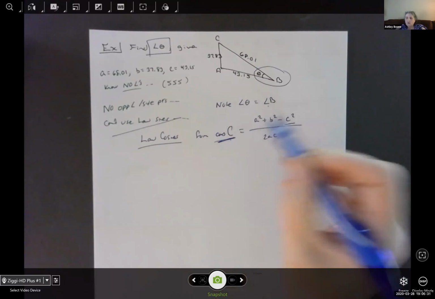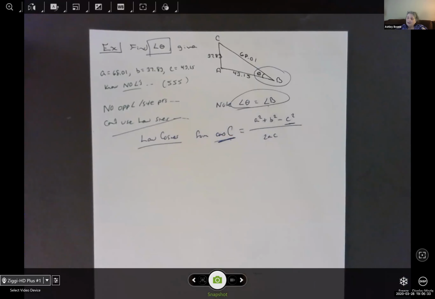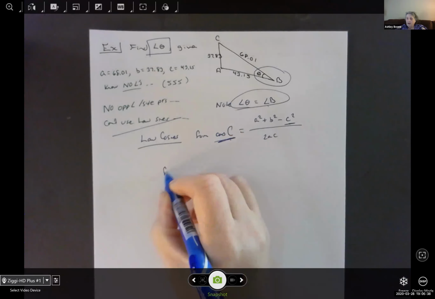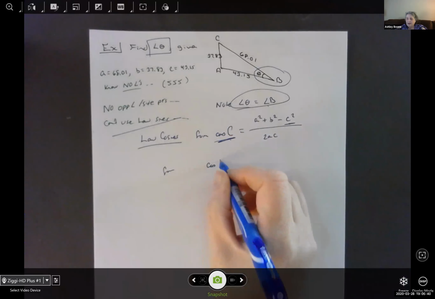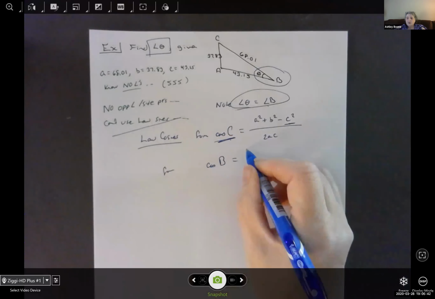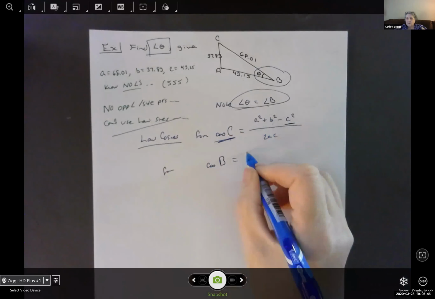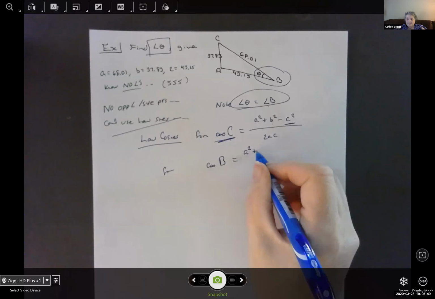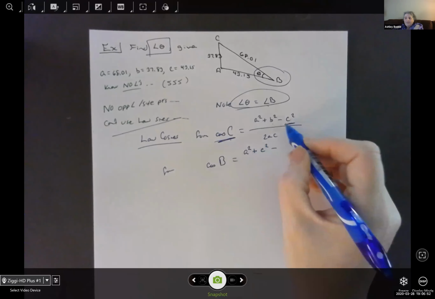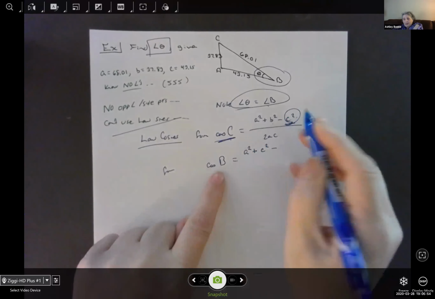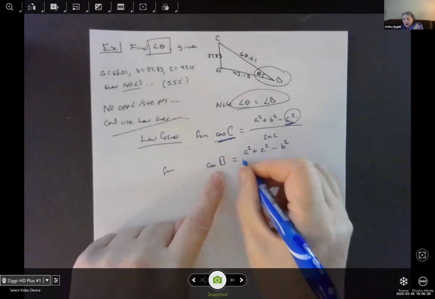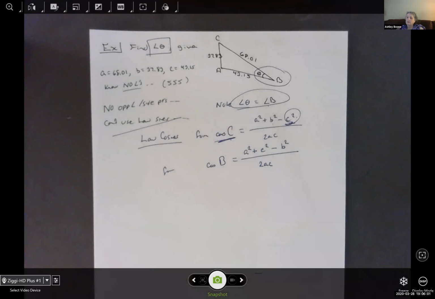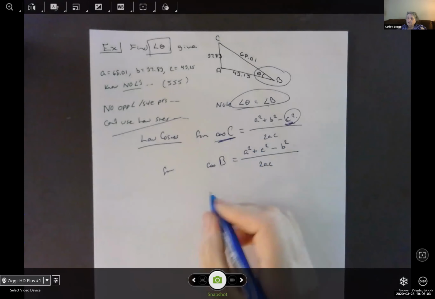I'm wanting angle B though. So I'm actually going to use the form where I have the cosine of angle B equal to, okay, my other two sides would be a squared plus c squared, minus, since I have angle B, I want side b squared being taken away, over 2 times the product of those two sides, okay? This is the same as cosine of theta.